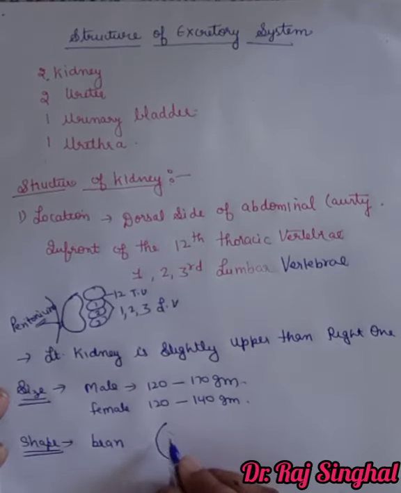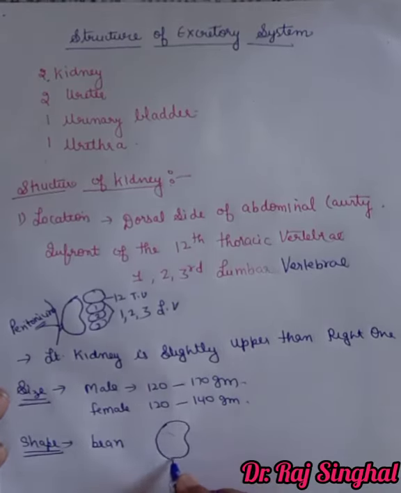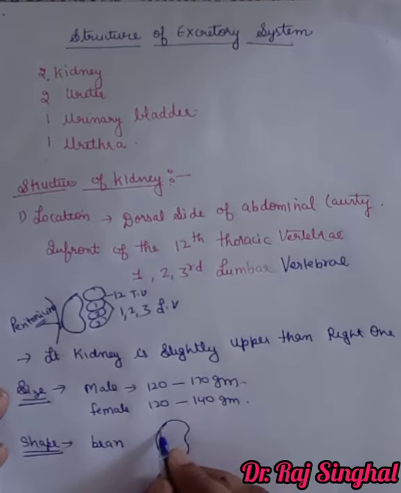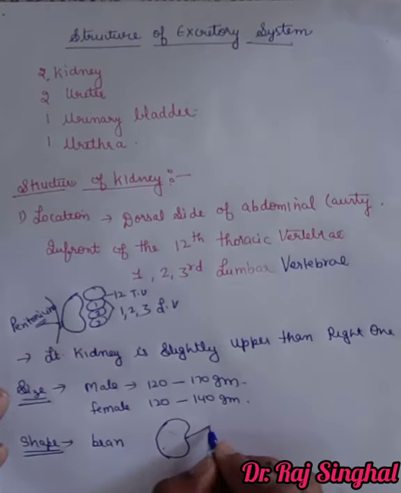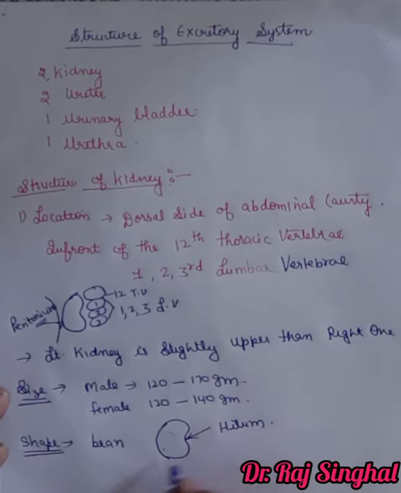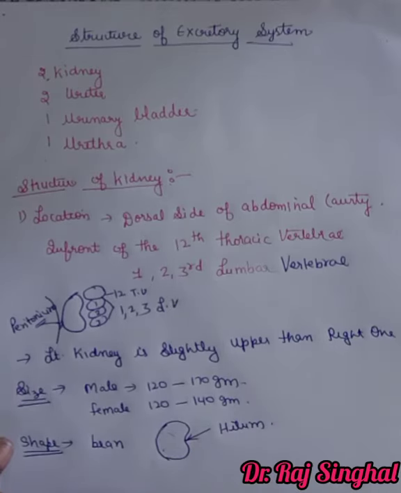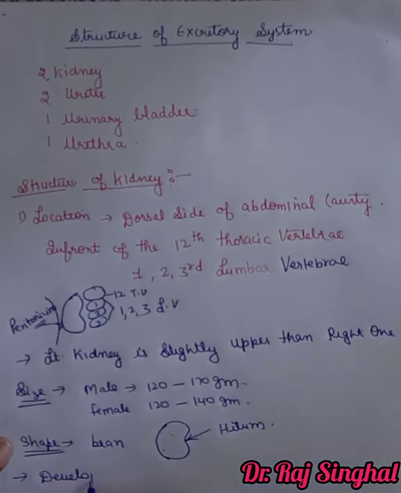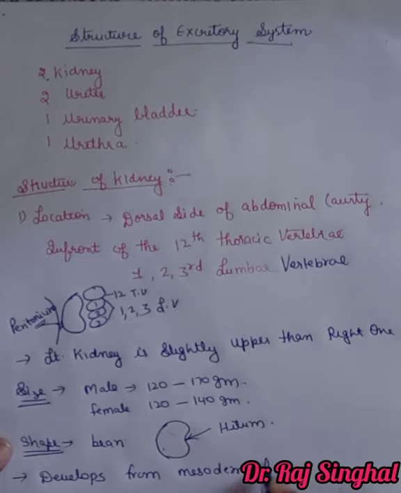Bean shape means like this, having this concave side and outer convex. This side having a notch is known as hilum. Now, one more important thing about kidney is that it develops from mesodermal layer and hence it is metanephric.